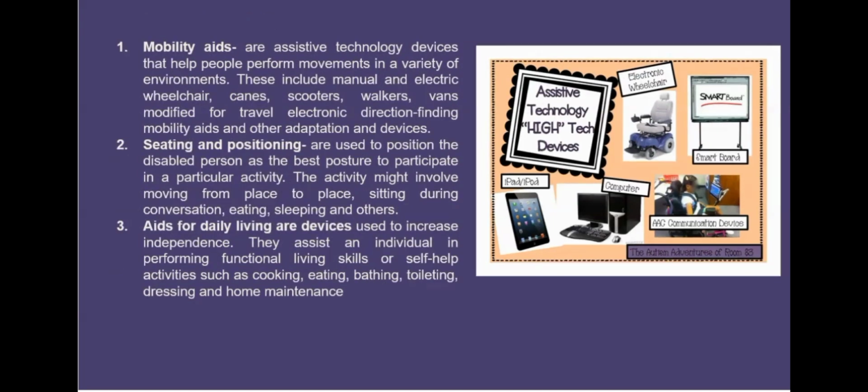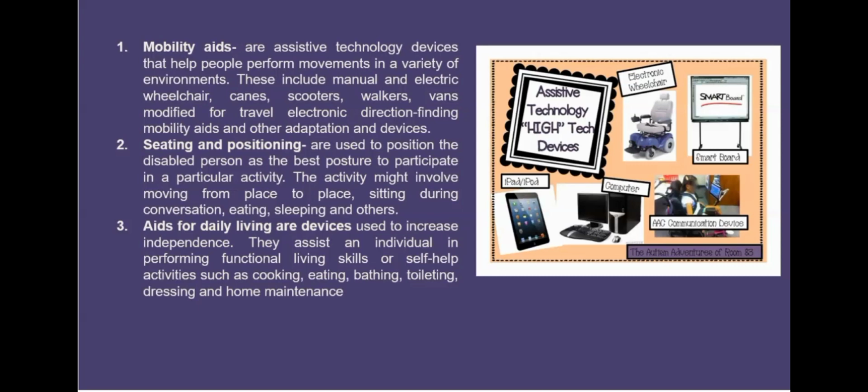So, what are mobility aids? Mobility aids are assistive technology devices that help people to perform movements in a variety of environments. These include manual and electric wheelchairs, canes, scooters, walkers, vans modified for travel, electronic direction-finding mobility aids, and other adaptations and devices.